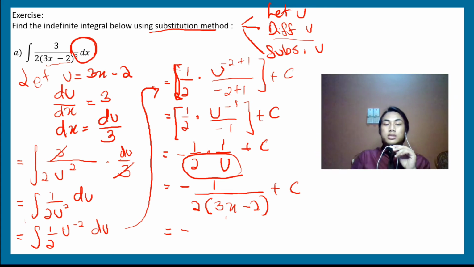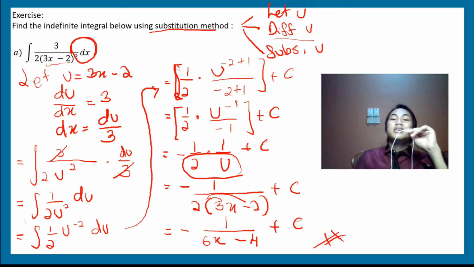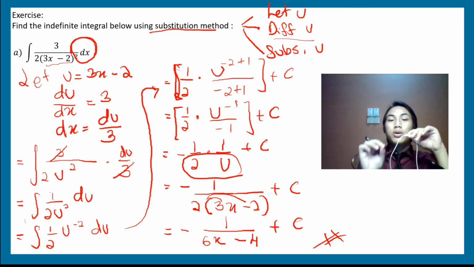So the final answer is 6, times e^(6x minus 4) plus c. So this is the answer. Okay, so is it right? So you can do more practice on this question about the substitution method.